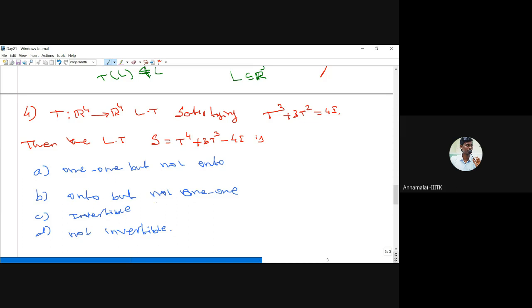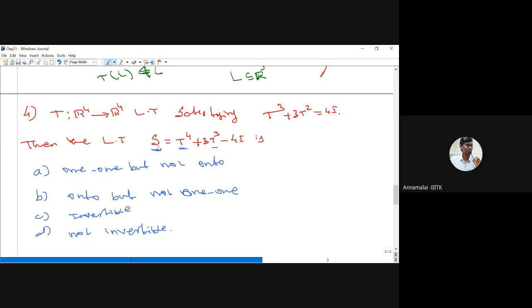This S can also be viewed as a matrix, because T power 4 and T cube are all matrices, and therefore the sum S is also a matrix. Now if the determinant of S is non-zero, then it is invertible, and if it is 0, then it is not invertible.